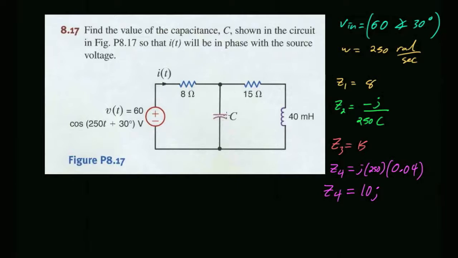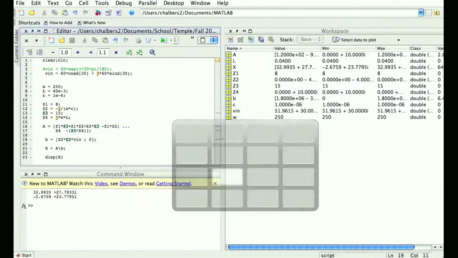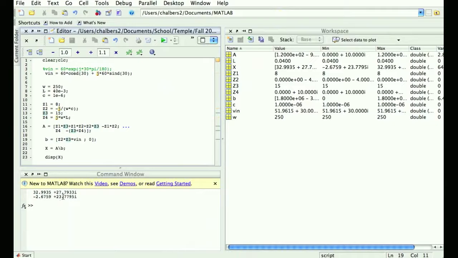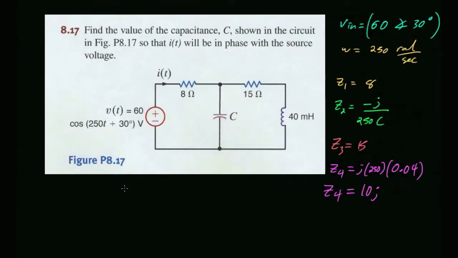What am I trying to figure out? The phase angle of the current. So, can I use these values to calculate my current? Totally. In phasor notation, what's my current going to be? It's going to be Vin minus Vx over Z1, is it not?